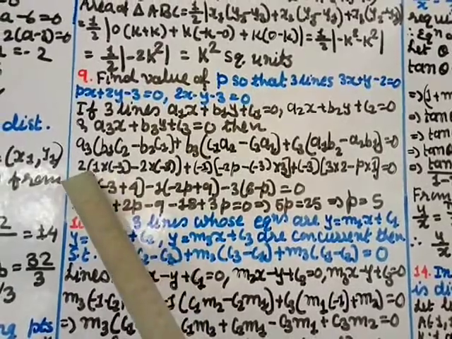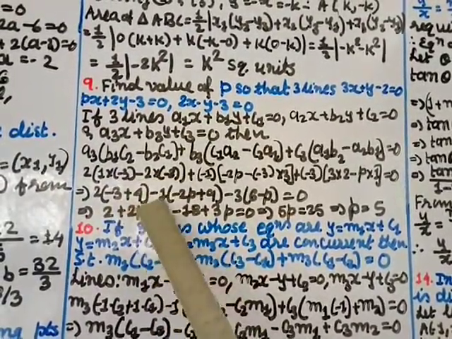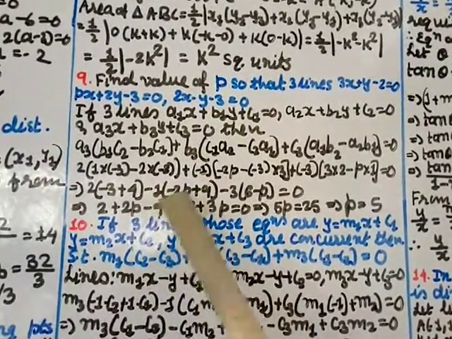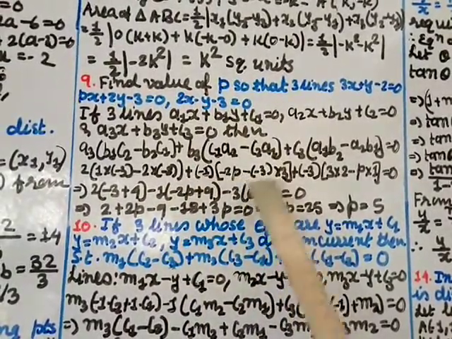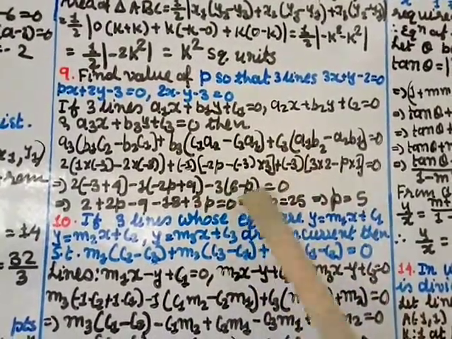2 into 1 into minus 3, minus plus 2 into 2 is 4, minus 1 minus 2p minus, minus plus 3 into 3 is 9, minus 3 into 2 is 6, minus p equal to 0.